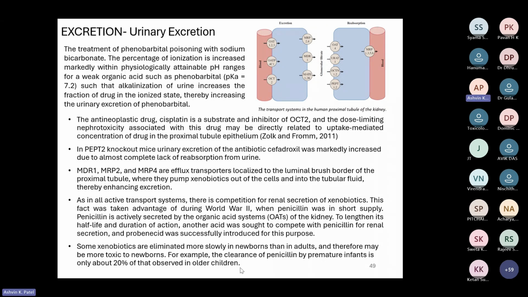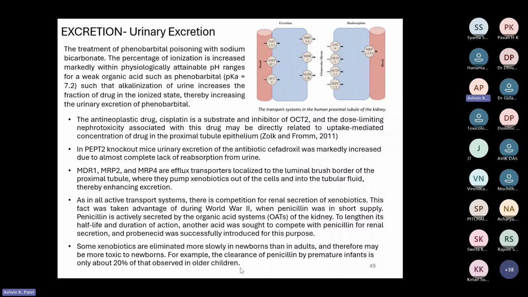And other transporters, MDR1, MRP2, and MRP4, are efflux transporters localized in the luminal brush border of the proximal renal tubules, where they pump xenobiotics out of the cells into the tubular fluid. They enhance the excretion of toxicants. In all active transport systems, there is competition in renal secretion of xenobiotics.